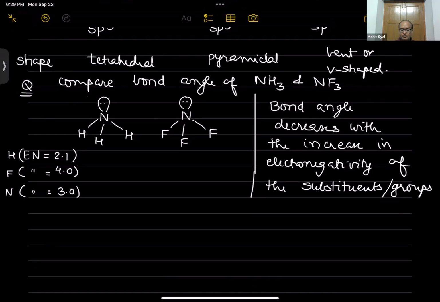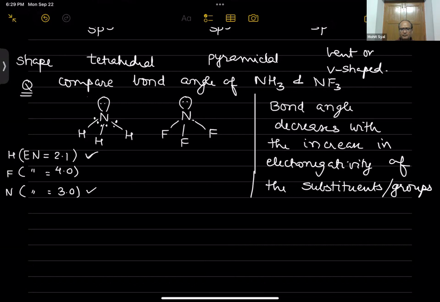So now in the case of ammonia, who is more electronegative, nitrogen or hydrogen? N is more electronegative. So the bonded electron pairs are going to be pulled more towards the central atom. Can you see this diagram?